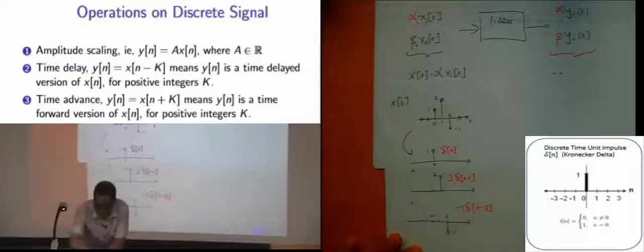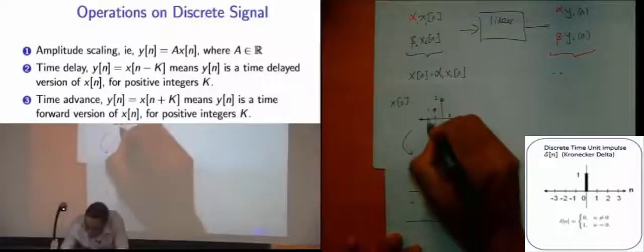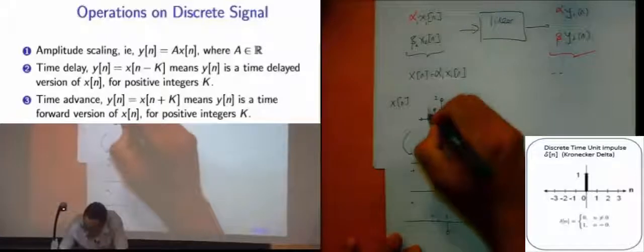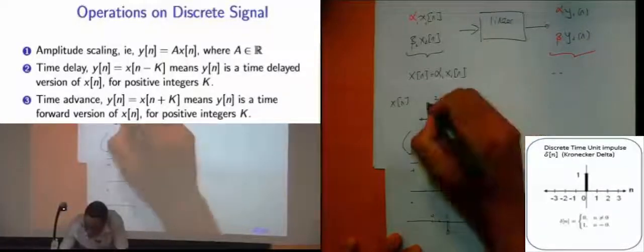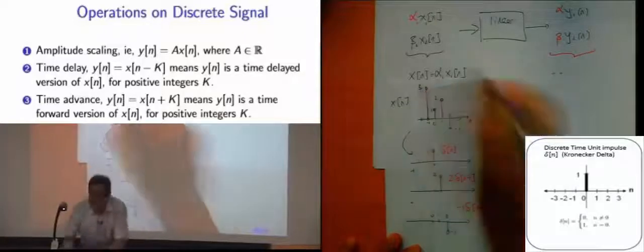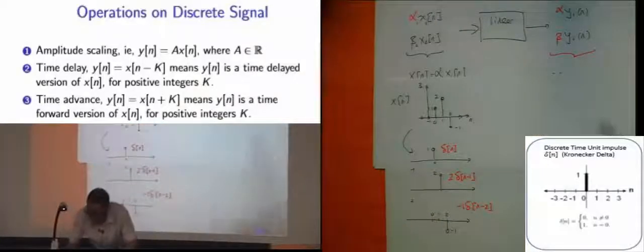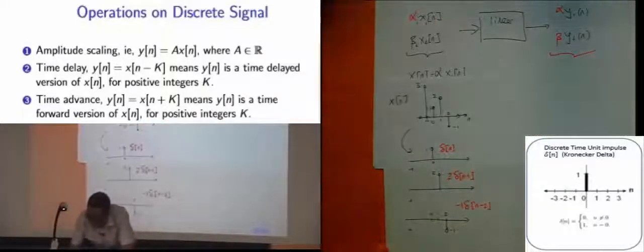Very good. Now I'm going to make one more for you. How about this one? At time minus 1, I have 3. So you'll be plus what, guys? This is 0, 1, 2, and this is minus 1, right?